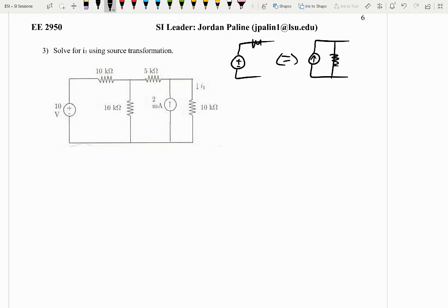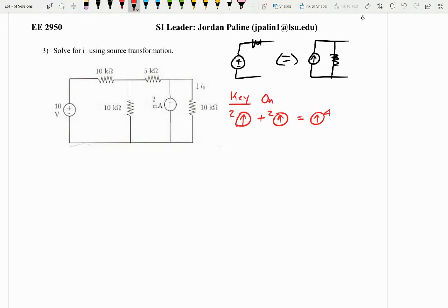So we have to have this whole scenario. Now here's a key concept. We did this at the very beginning of the semester. If I have all of my sources as current sources, say I have 2 up and then 2 up, I can add them together to give me one current source, essentially combining them together.